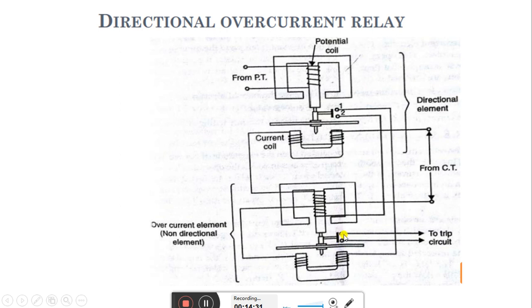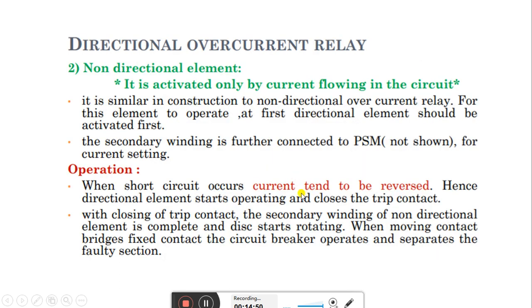As soon as these contacts are bridged, supply is extended to the trip command and the circuit breaker is tripped. So the faulty section is separated from the healthy system. That is how this directional overcurrent relay operates, and this is what has been told here about the directional overcurrent relay.